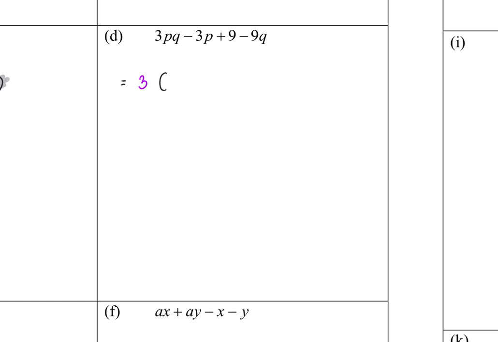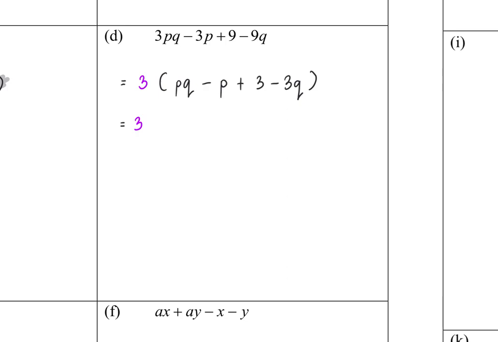After I take out 3 as the common factor, I'm left with pq minus p plus 3 minus 3q. So there is this 3 that is always outside.